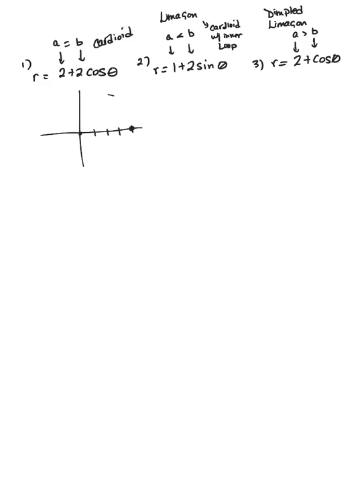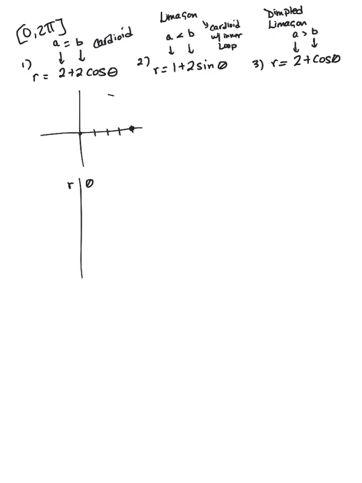Now, as far as graphing it, if you make a little chart, r theta, these are going to graph out from 0 to 2 pi. So from 0 to pi, you'll get half of the graph, all right?